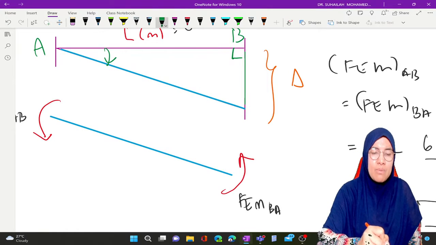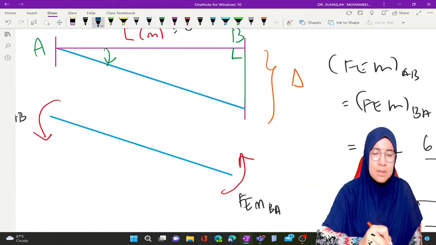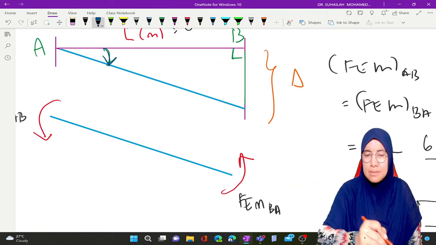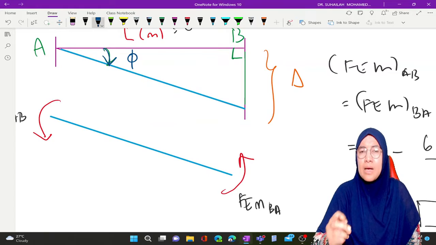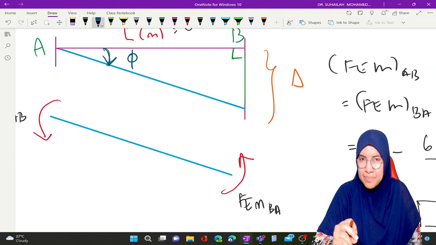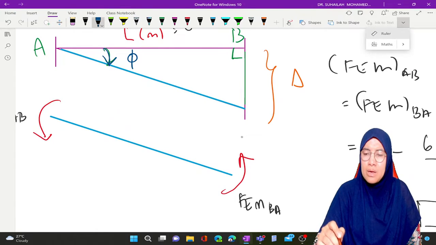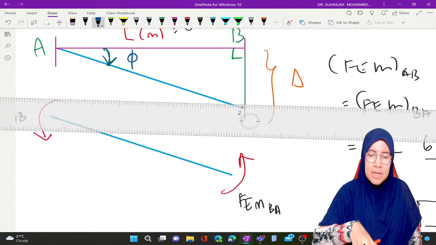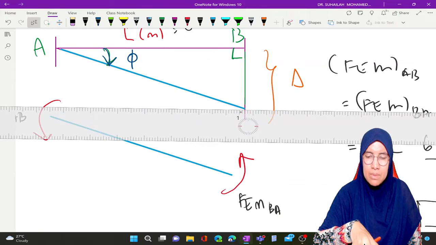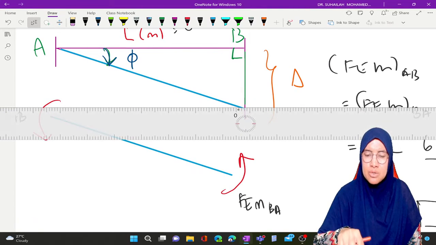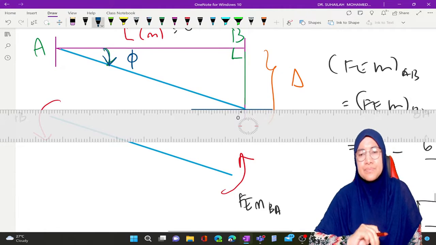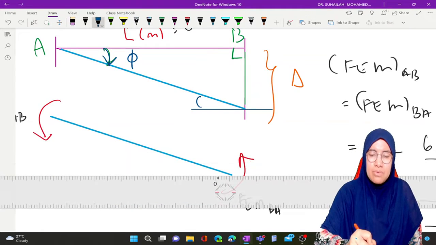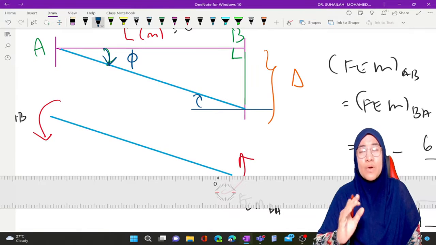The angle is called the chord rotation. The angle is positive. Same if we also mark here, because horizontal is always the reference line. We measure the angle from the original.